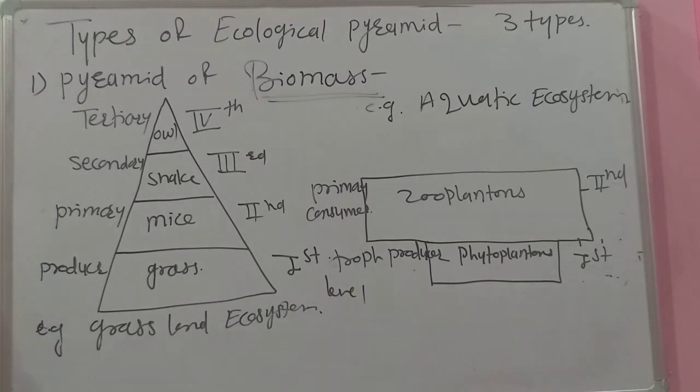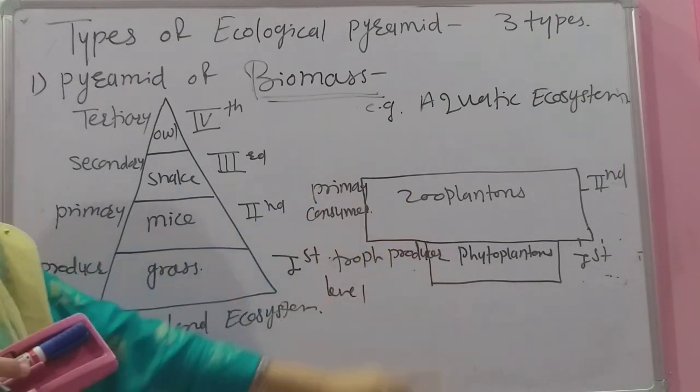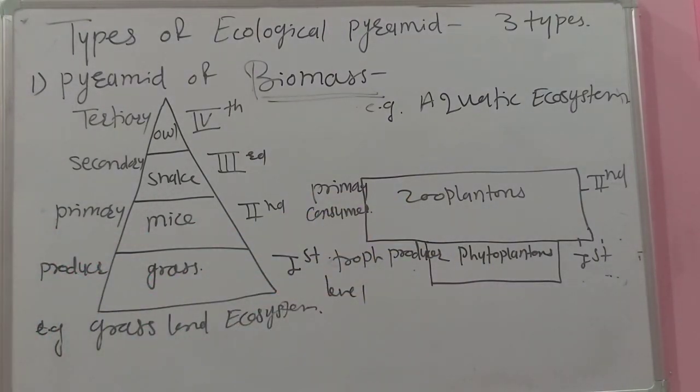These zooplanktons are quite large compared to the phytoplanktons, so the shape of the pyramid in the aquatic ecosystem is inverted. The pyramid of biomass represents two shapes, upright pyramids and inverted pyramids. Both are present in the pyramid of biomass.